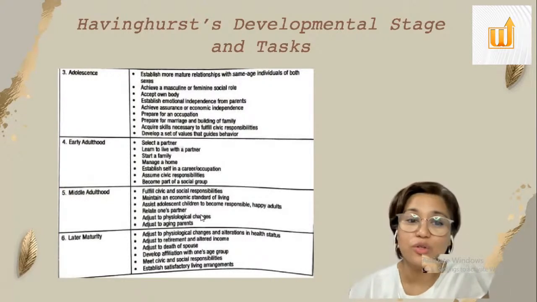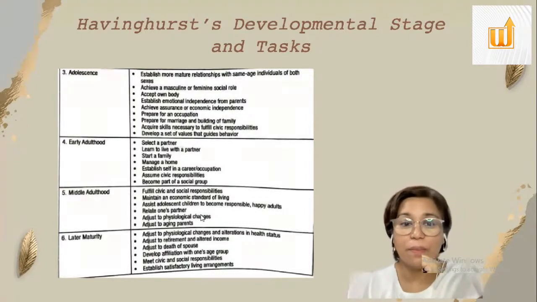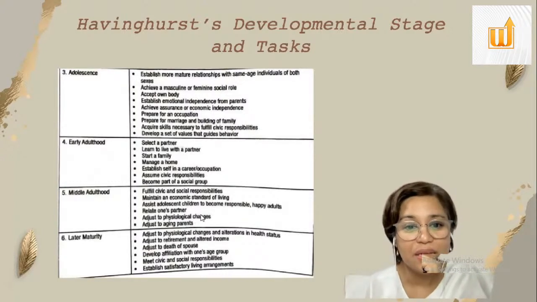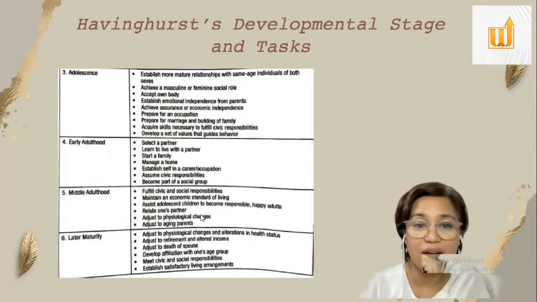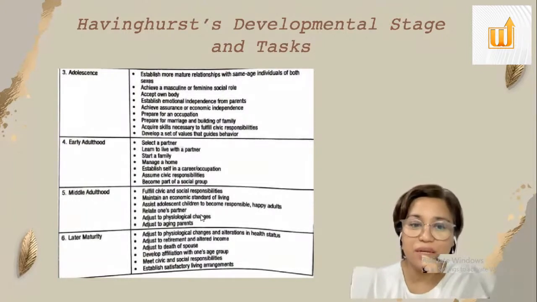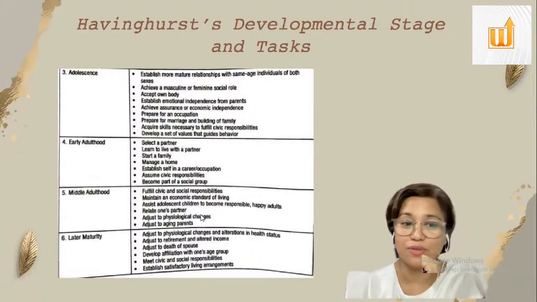In early adulthood, we see the developmental task of selecting a partner, learning to live with a partner, starting a family, managing a home, establishing a career or occupation, assuming civic responsibilities in the society, become a part of a social group.